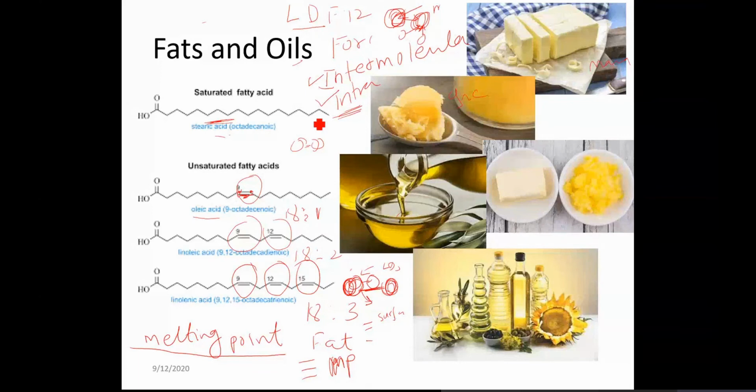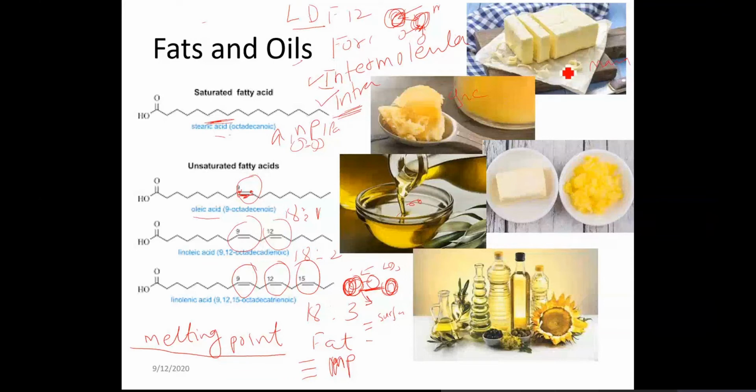Because of that it will be very difficult to separate each molecule, and that is why the melting point will go higher. Obviously the melting point of butter is higher than the melting point of oil, which is liquid.